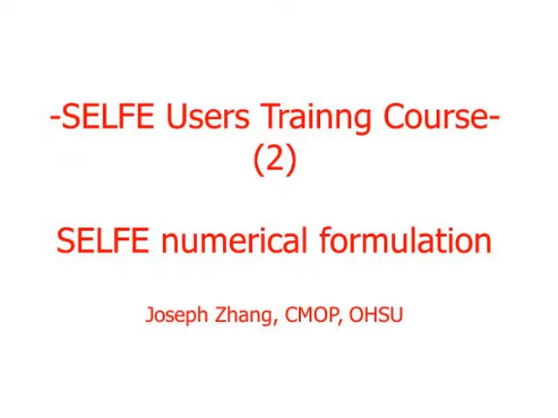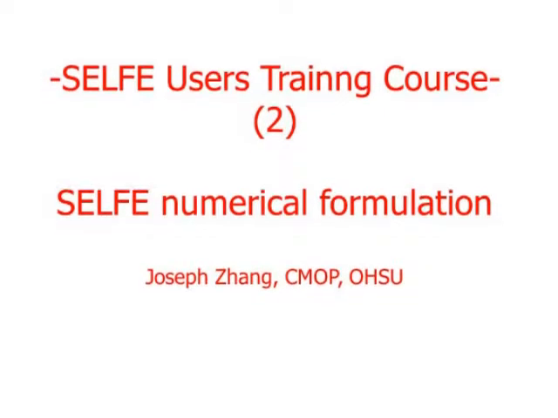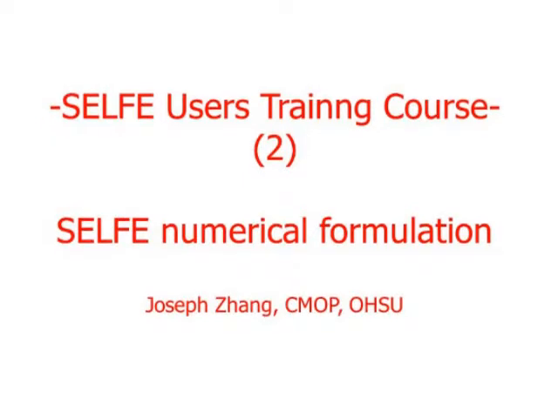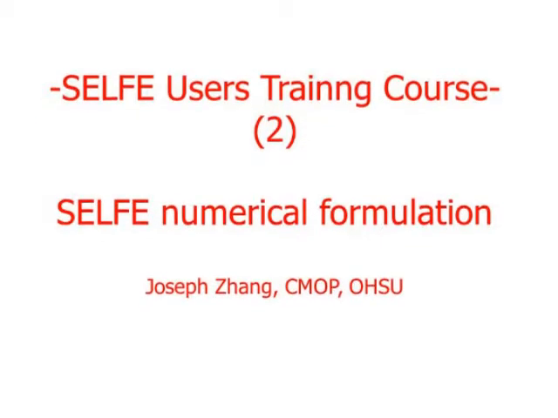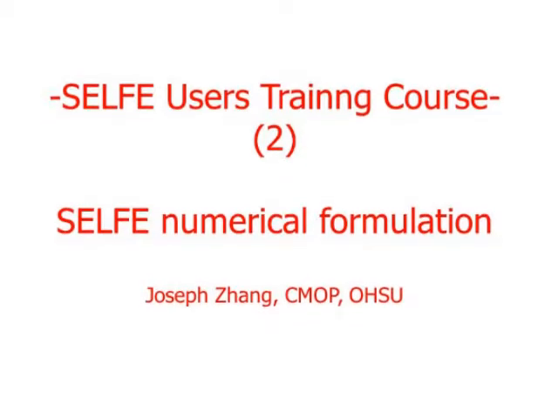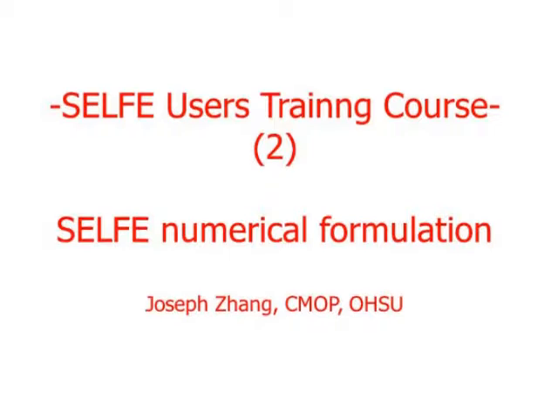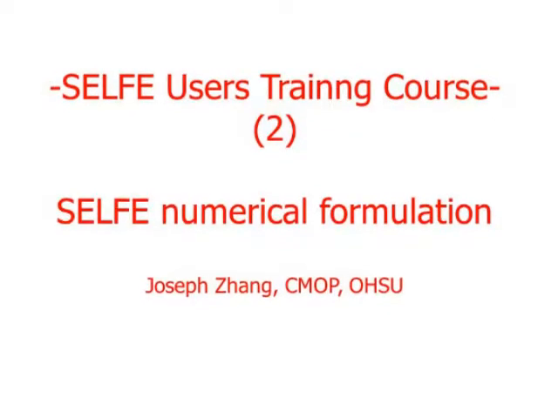And because you have to somehow truncate the Taylor series, no matter how high order the method is, you have to truncate at some point. With that comes truncation error. So truncation error leads to the consistency issues.